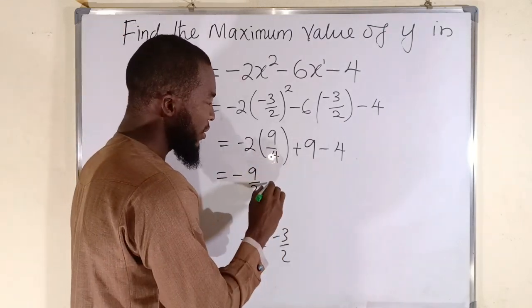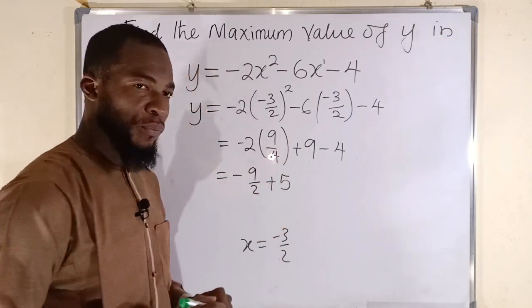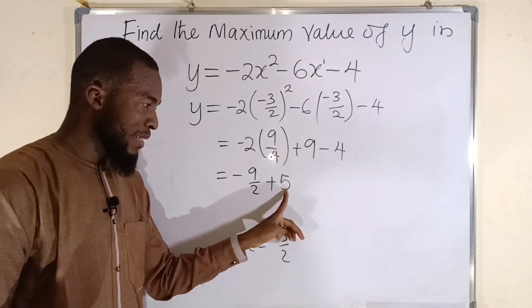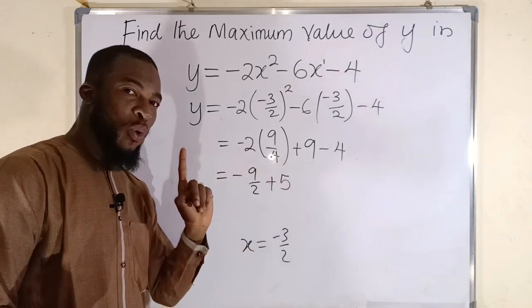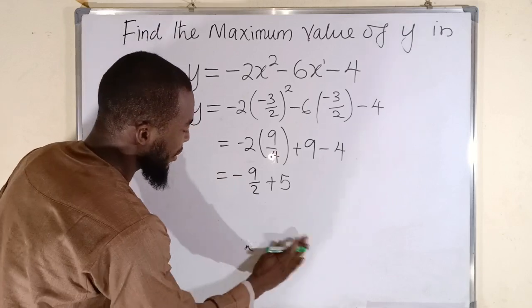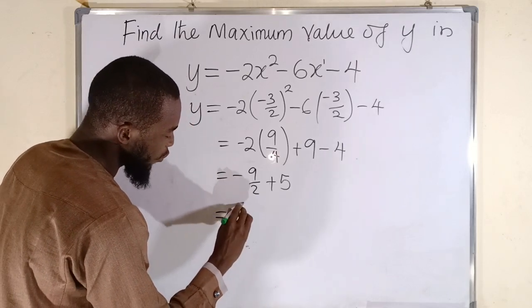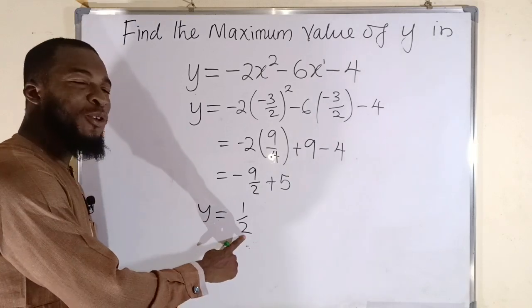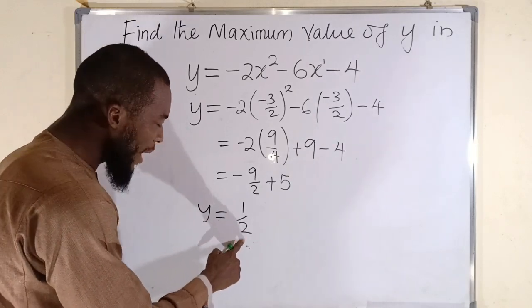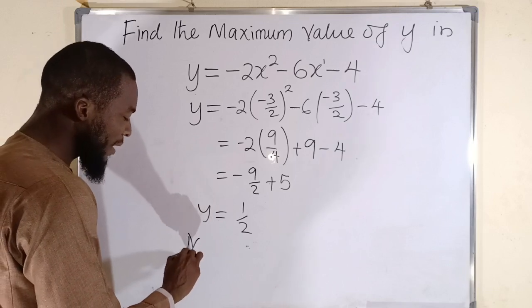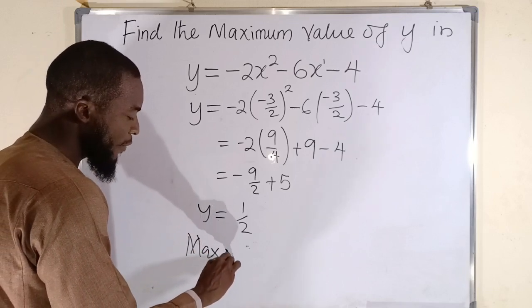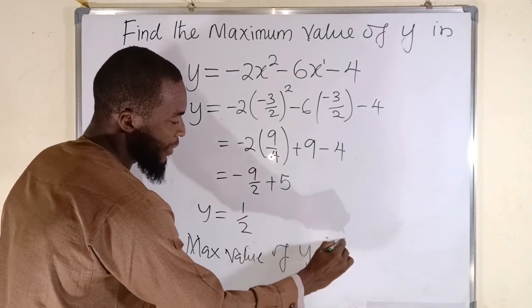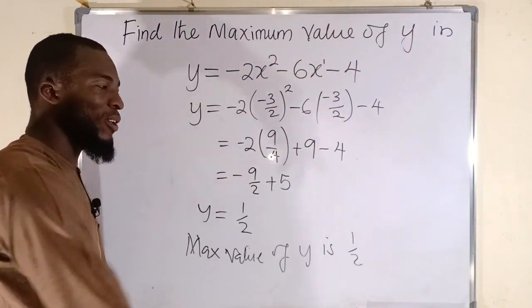And this minus this is going to give us positive 5, right? 2 times 5 is 10. 10 minus 9 is 1 divided by this 2. You can see that this is 1 divided by 2, and this is the value of y. And I told you this is going to be the maximum value of y. Therefore, the maximum value of y is 1 divided by 2 in this equation.